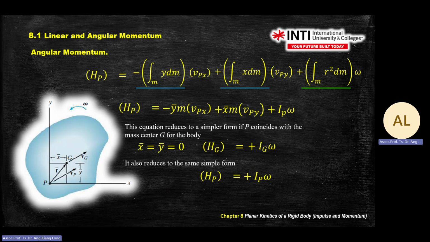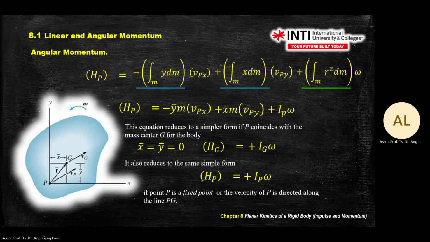G and P are at the same point, so your focus point is at that point. Then you have H equal to I omega. So there are two formulas: one is the cross product, and another is to directly use omega multiplied by I.